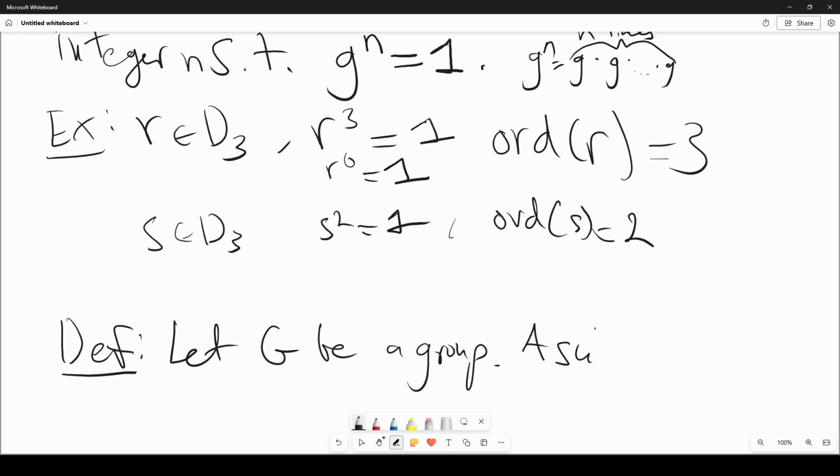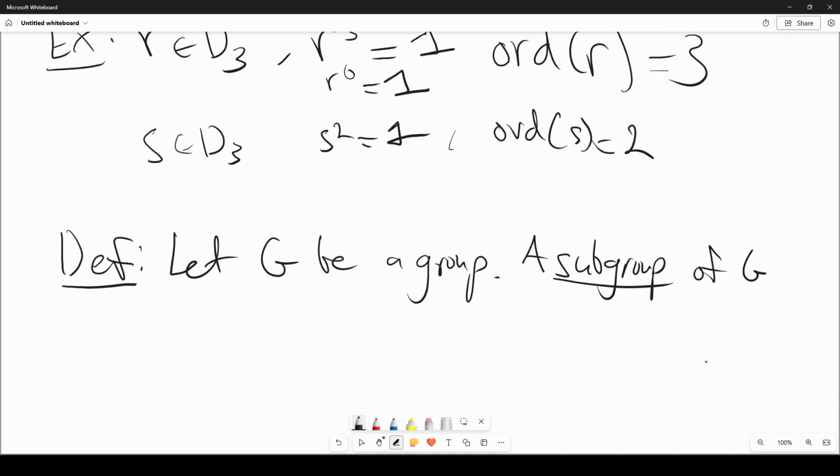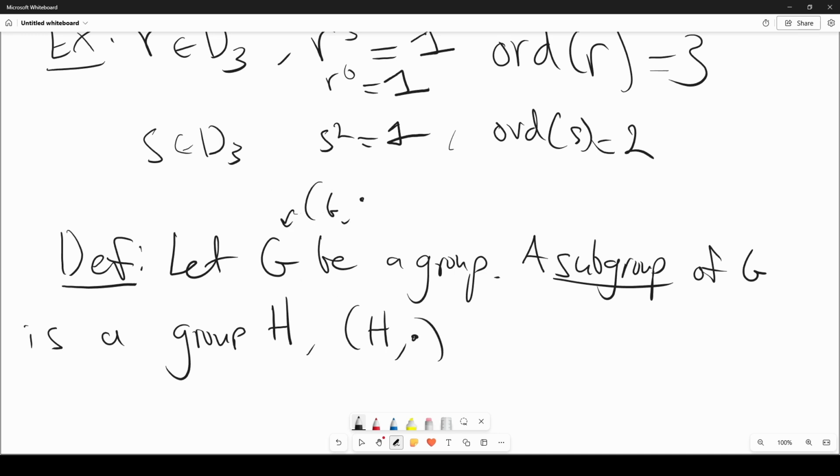A subgroup of G is a group H, which can be more rigorously defined as H with the same multiplication law as G, so (H, ·) where G is (G, ·), and H is a subset of G. So what this is saying is a subgroup is something where you take a subset of the group elements, call it H, and you keep the same multiplication law. If this is a group, it's a subgroup. It's just like a smaller group inside of a larger group.